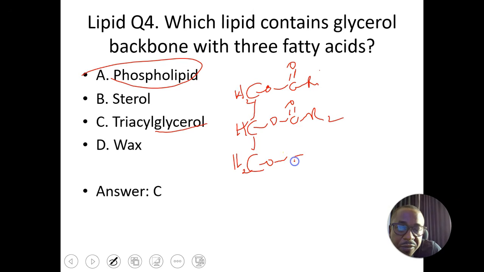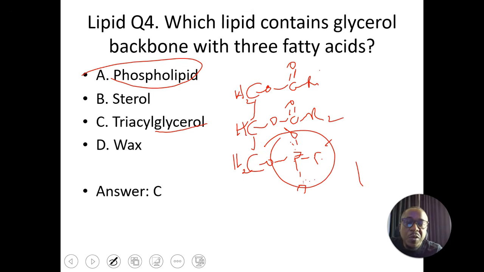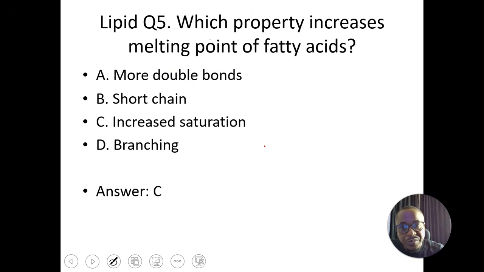So we have P double bond oxygen, we have oxygen, we have another oxygen. So we have a phosphate group that makes us call it the phospholipid. So the answer to that question is triacylglycerol.